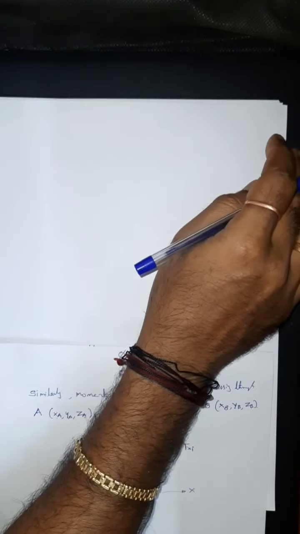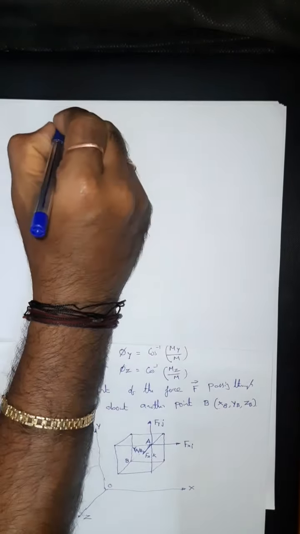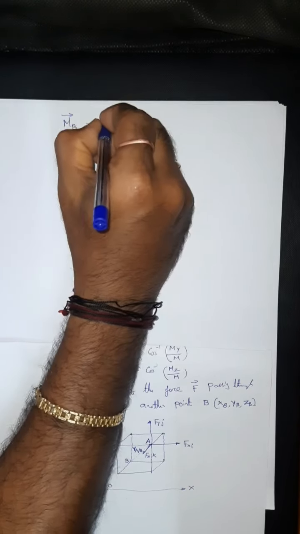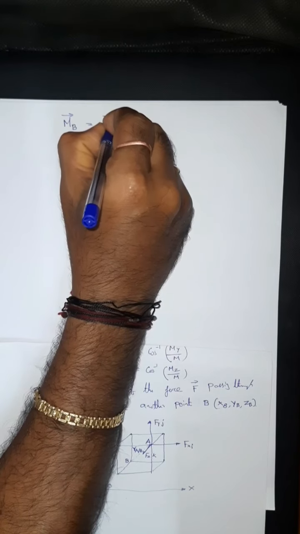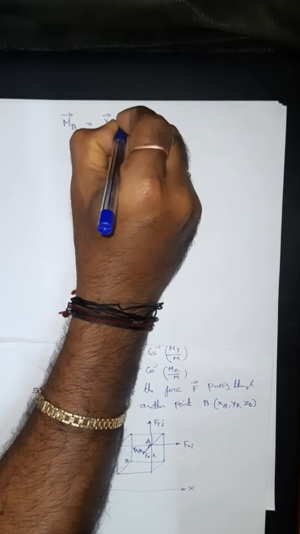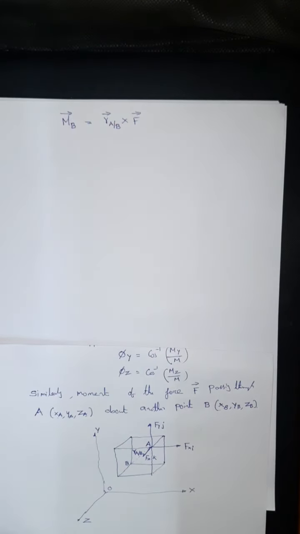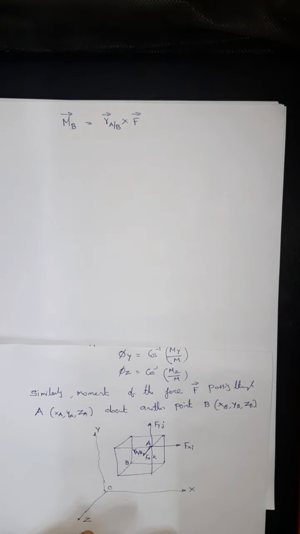So now the moment about B can be represented as the position vector A to B cross product of F, right?